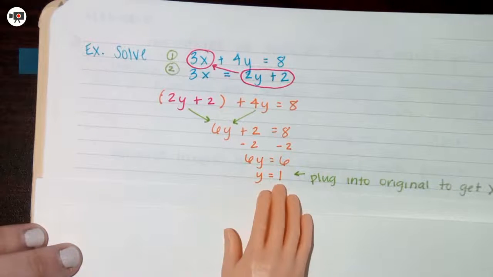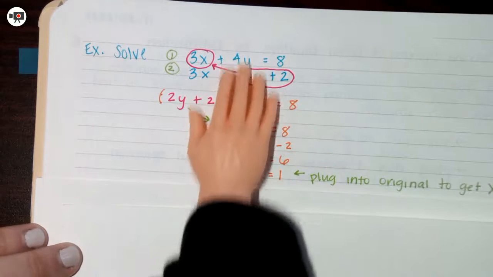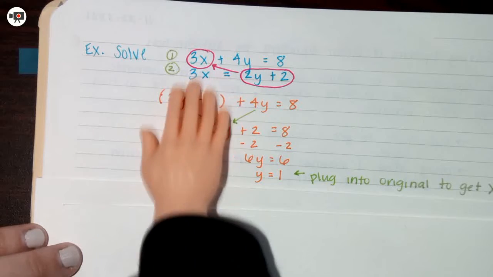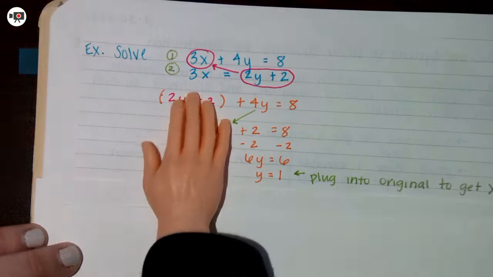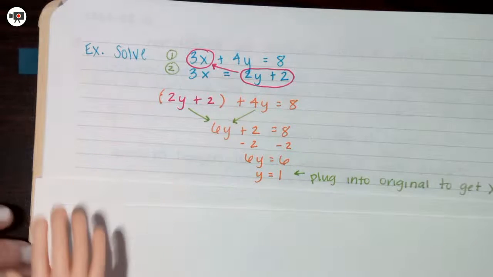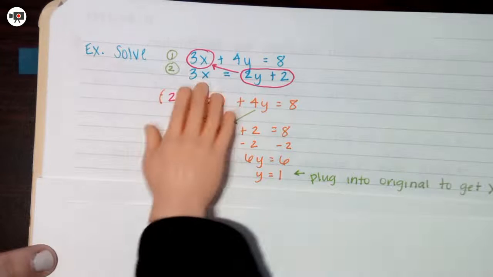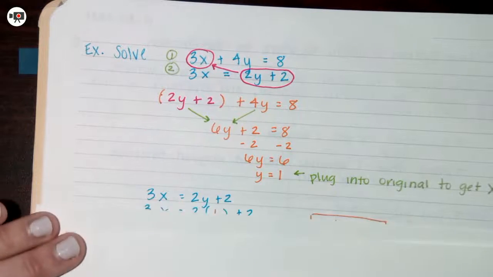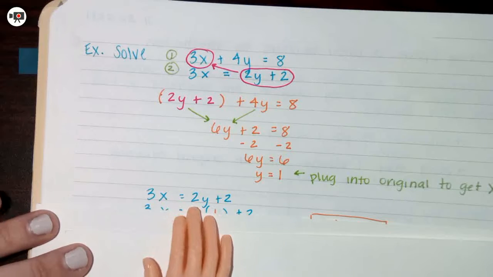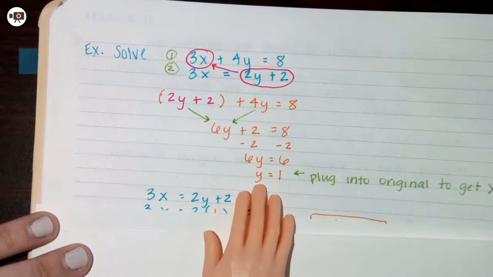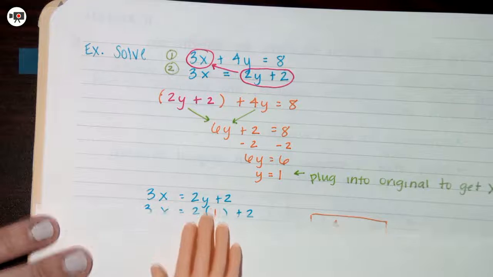Now I take this y and plug it back into one of these two to get what x equals. You could choose either one to plug it into. I'm going to choose equation 2 because it's closer to having x by itself. So 3x equals 2y plus 2. I know what y is, so I plug that in here for y.